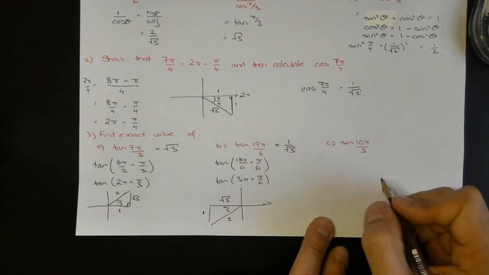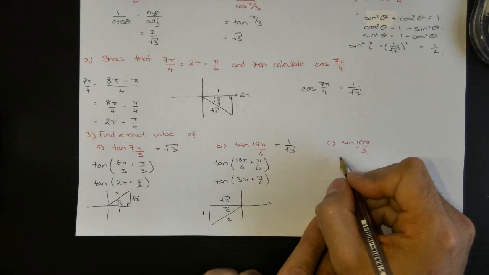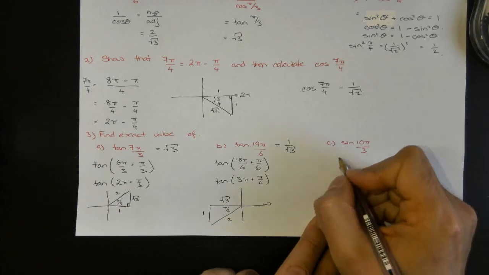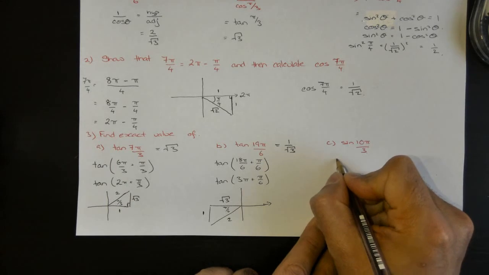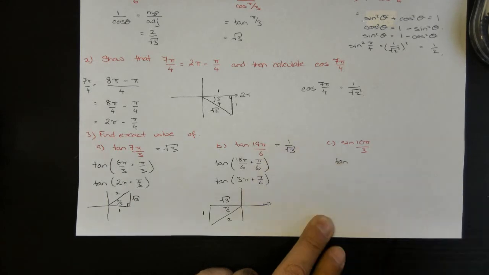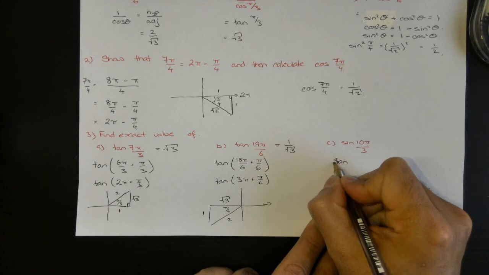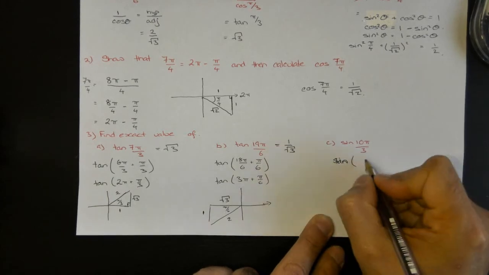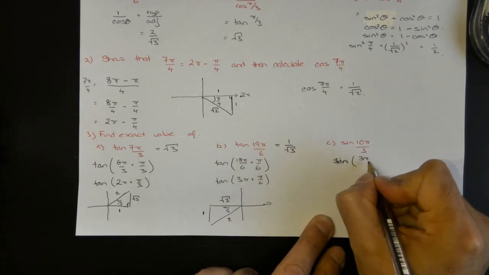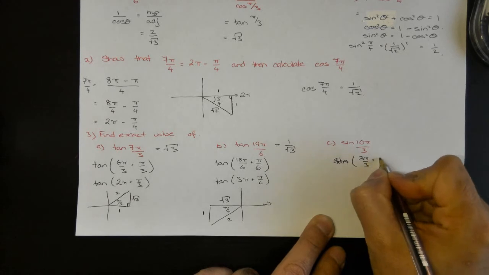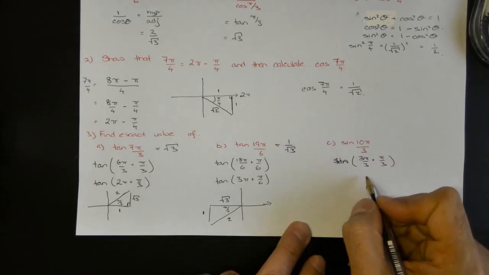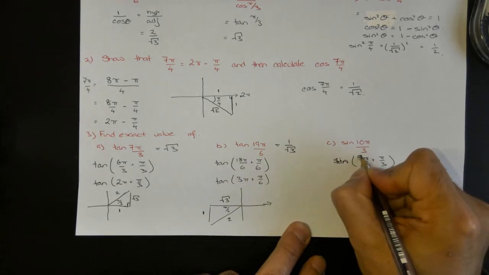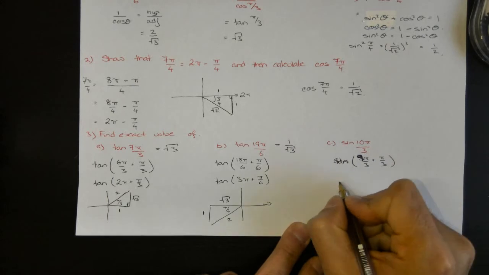Thinking of this one, I can think of it as sine of 9 pi on 3 plus pi on 3.